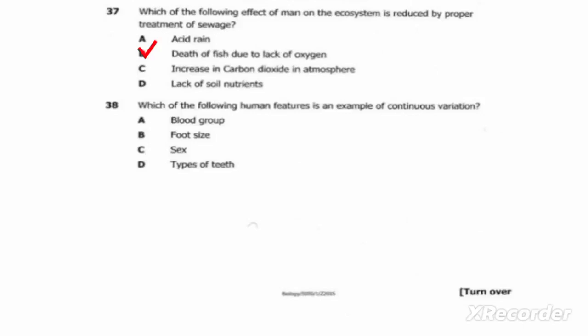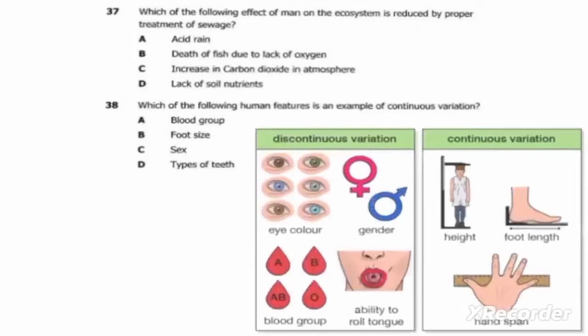And we have 2 types of sexes, female or male. But for foot size, 100 people can have different foot sizes. So we can see that foot size is showing a wide range of possibility. So therefore, our correct answer is B.